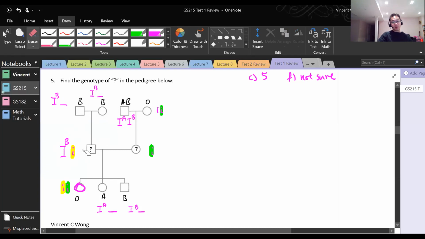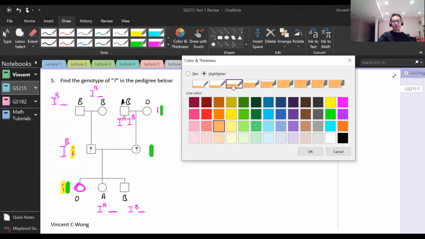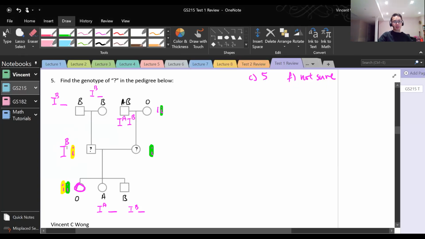If this person is type O, then it's not possible to have both type A kids and type B kids. The fact that he has a child who is type B tells you he himself must be a type B person. So this B is responsible for this child.